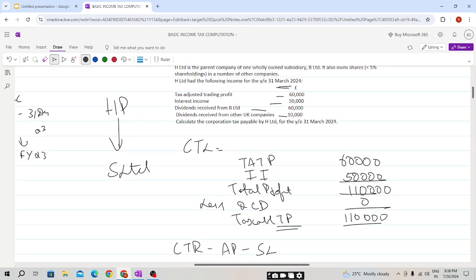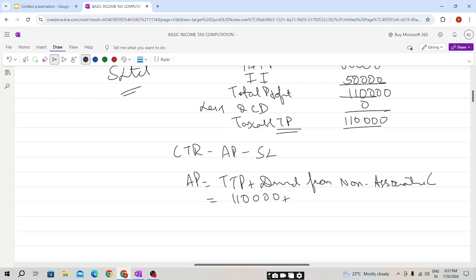Students, dividend received from B is a subsidiary, it is an associated company, so it will not be included. Dividend received from other UK companies means shareholding of more than 5%, but no control. So it will be included. This 10,000 will be included because it is dividend from non-associated companies. So it will be 120,000 pounds, students, augmented.